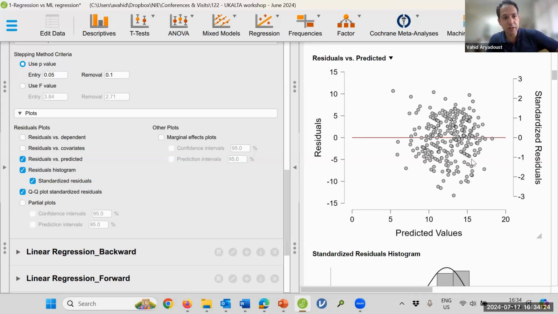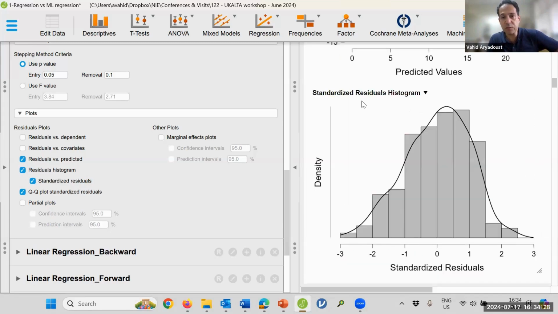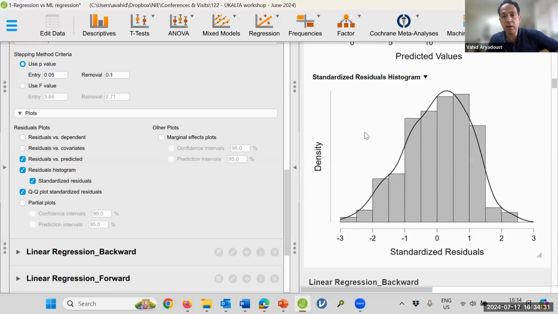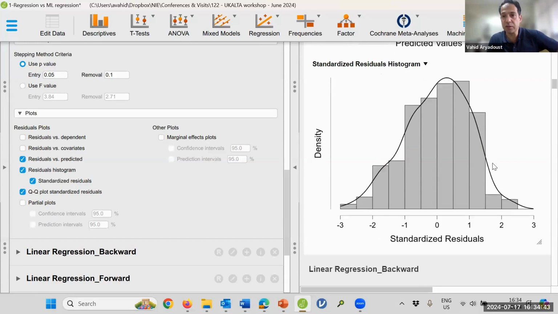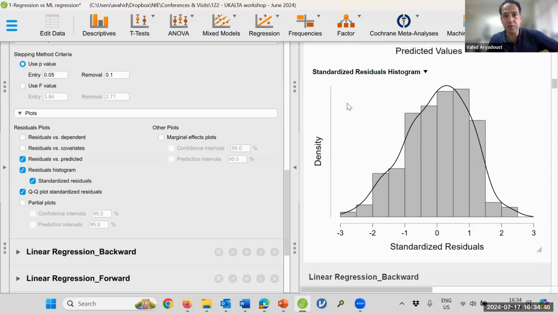So far, so good. And if you like, you can also look at the second assumption just to figure out whether the errors or residuals, recall that the two terms are used interchangeably, are normally distributed. So I don't want to get into the discussion of normal distribution because it's basically a given in this workshop.